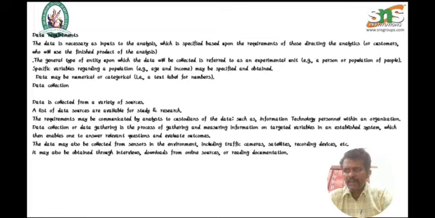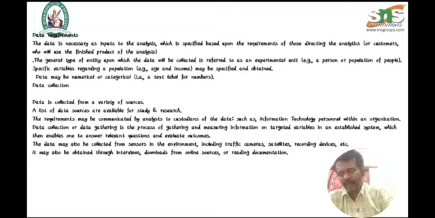Next, we can learn about data collection. Again, remember that a collection of useful information is called data. We are collecting useful information, and that is called data collection. The data is collected from a variety of sources. It is not necessary to collect the data from one particular point.